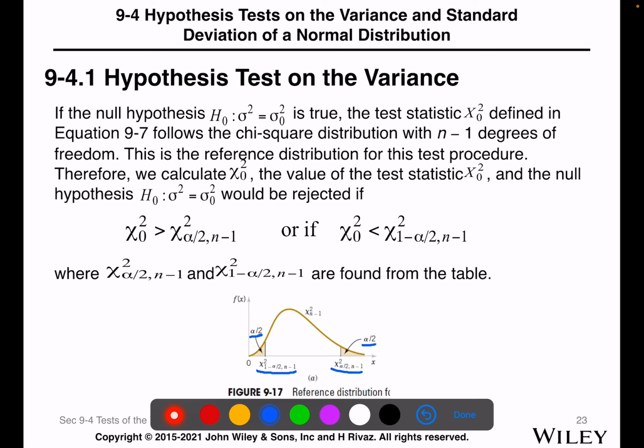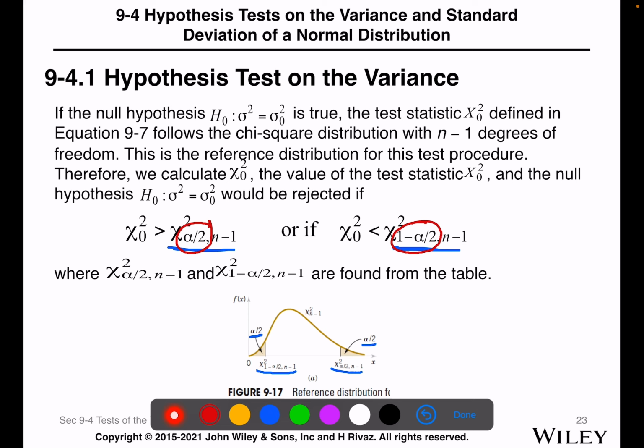And if the x squared that we compute is more than this one or less than the other one, we reject. And again, exactly like the case for confidence interval, note that here we have alpha divided by 2, and here we have 1 minus alpha divided by 2, right?